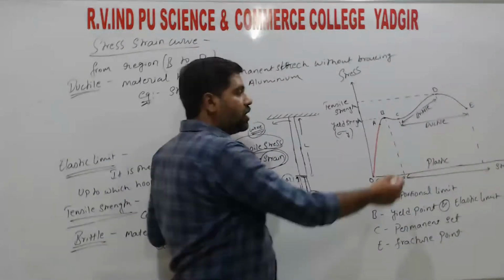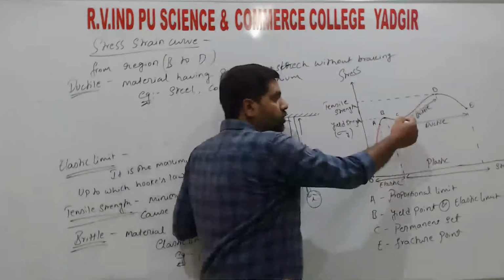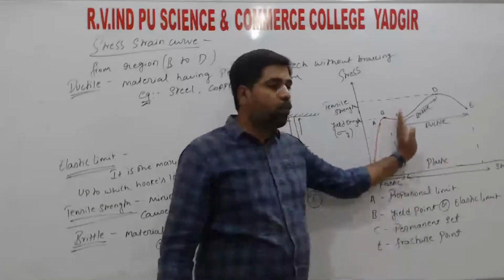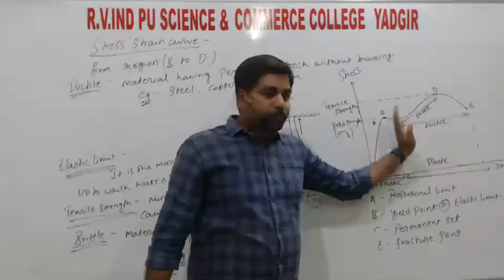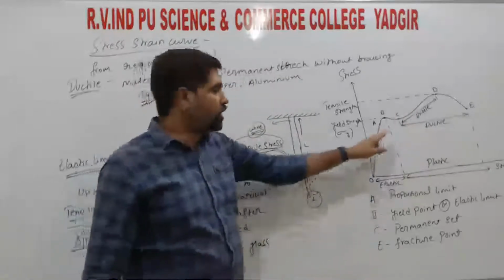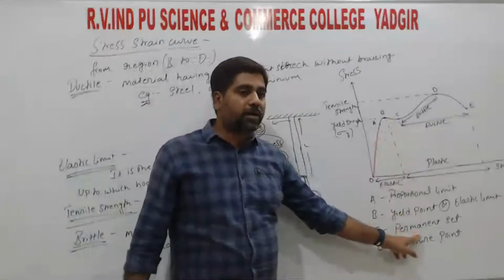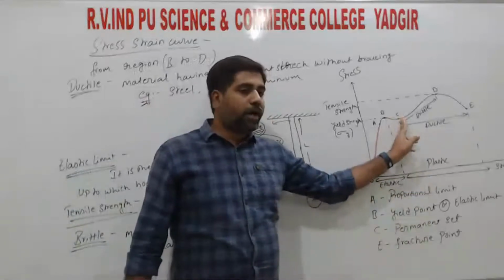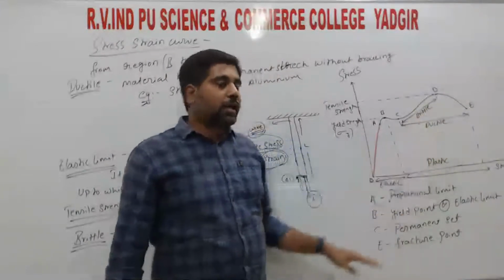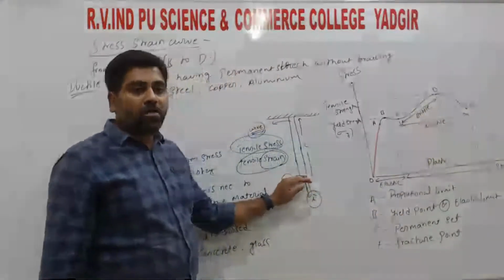So in between, that is B to D, there is some point we call the permanent set. So after this point C the material will not go back to its original configuration. That's why we call that point the permanent set. After this point, however much load we increase and then remove, it will not go back to its original configuration.